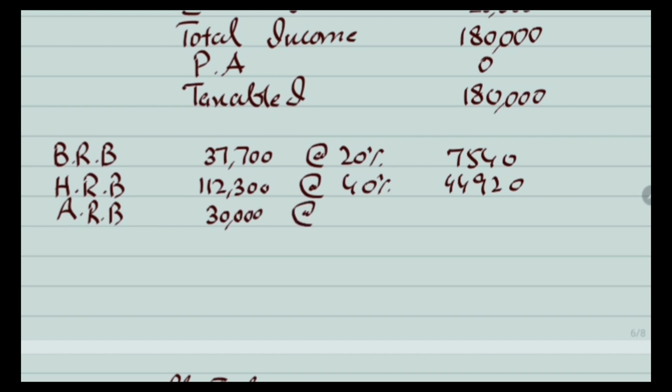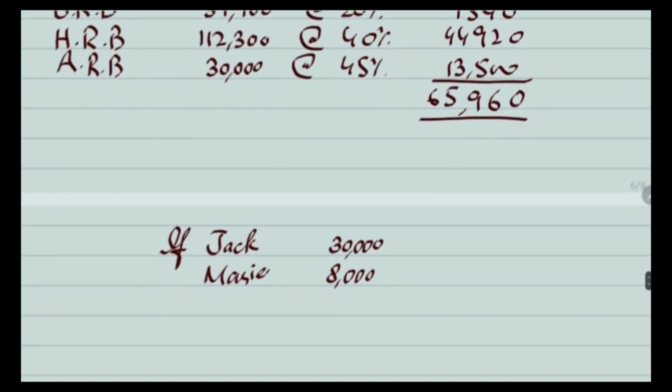Remember, we have an income of 1,80,000, which is 30,000 in excess of 1,50,000, and this will be taxed at 45%. So the tax liability would be 13,500. So this is our total tax liability.